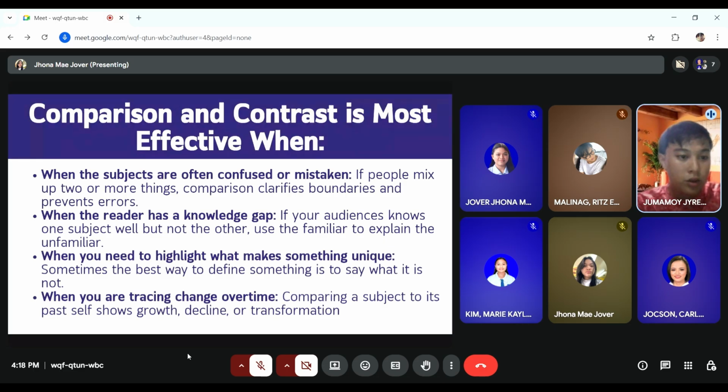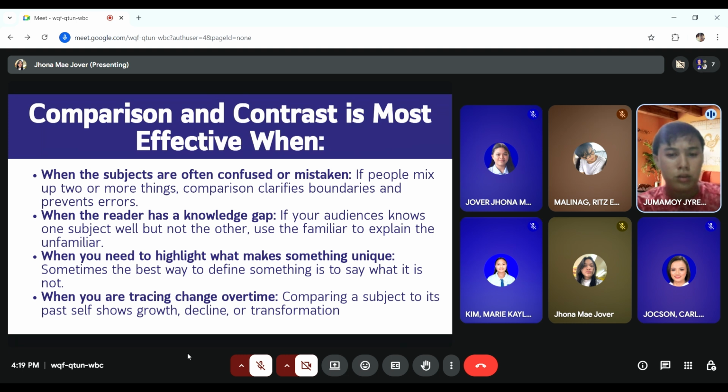If your audience knows one subject well but not the other, use the familiar to explain the unfamiliar. Comparison also helps explain unfamiliar ideas using familiar ones. For example, many people understand the difference between formal and informal.